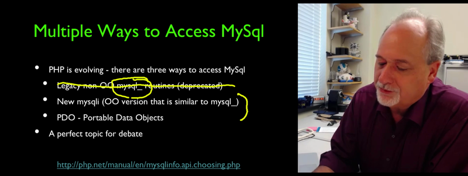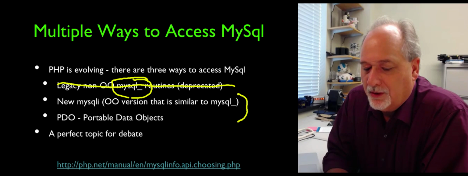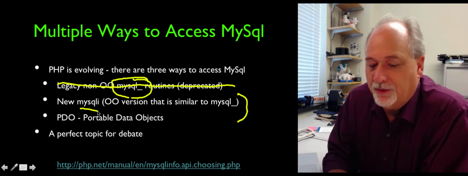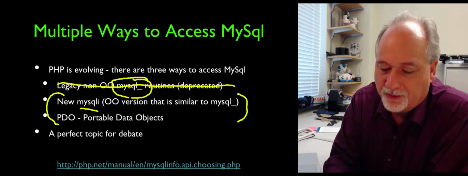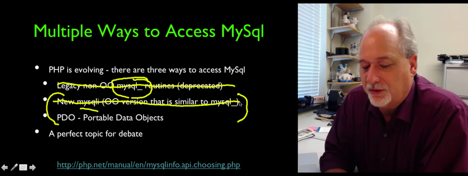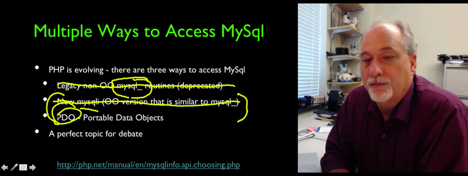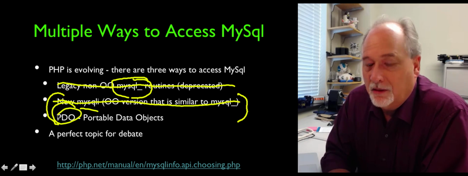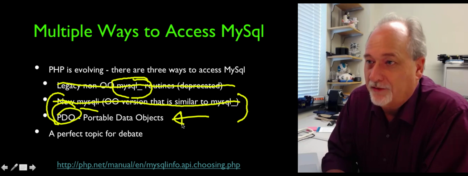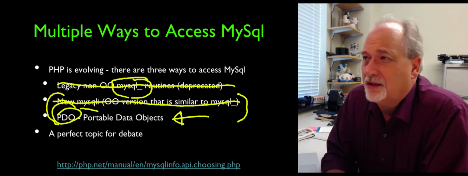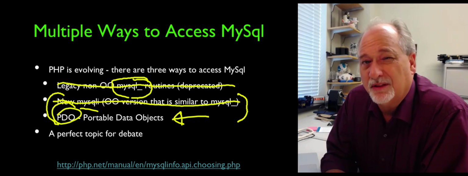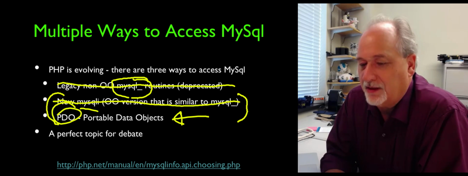And then there are two object-oriented approaches. One is a thing called MySQLi, and when I was switching, I played with both, and I really don't like this one either. It has all the flaws of the original one, so I don't like that. So PDO, and it's a perfect topic to debate, but in this class, I'm using PDO. PDO has lots of advantages. One of the advantages that it's claimed is that it can talk to more than one database, and that's fine, but there's enough pain in that I think that's actually not its valuable thing.